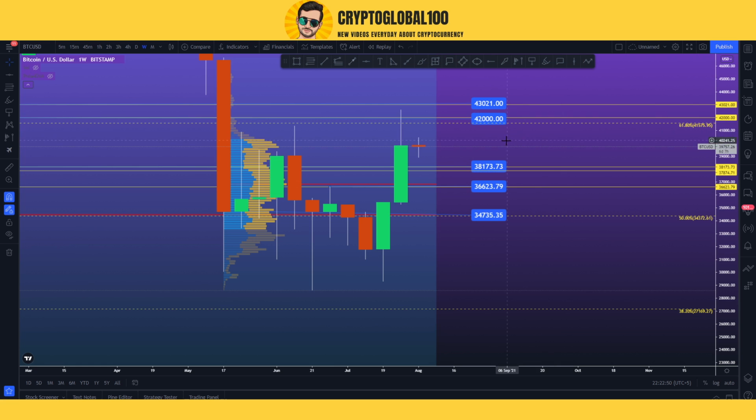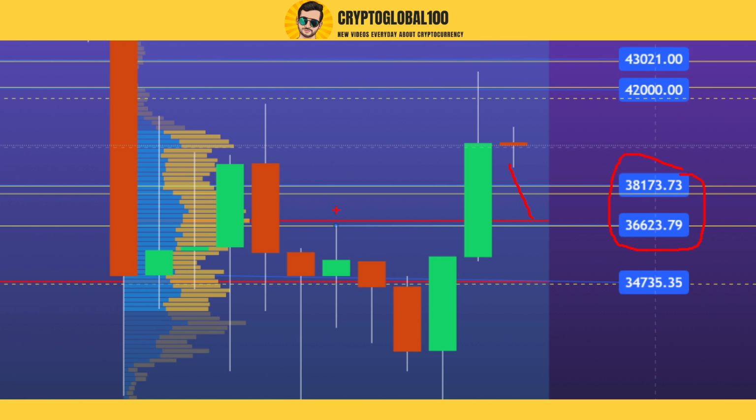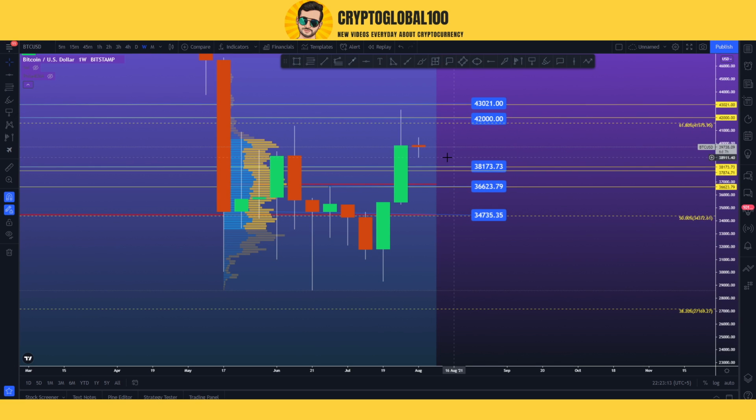So we might see a move downside, a correction down to this area, because you can see here these candles try to break above, but this previous weekly candle broke above, and after that it tested the 42,000, and now again we are down to 38. So we are again for the correction here.